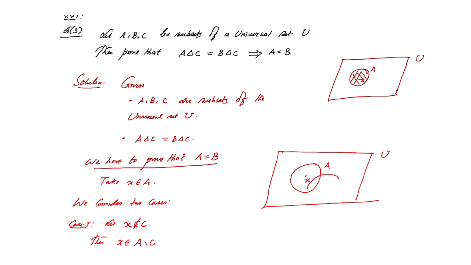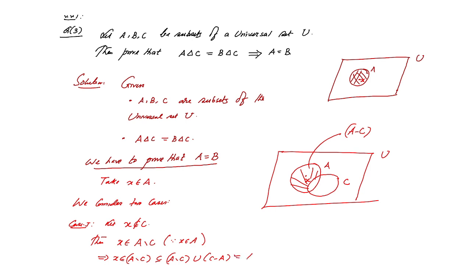So then if X does not belong to C, obviously X belongs to A minus C. Since X belongs to A and X does not belong to C, that implies X belongs to A minus C. And A minus C is basically a subset of A minus C union C minus A, because if we take the union with another set, it will be bigger than this A minus C set.